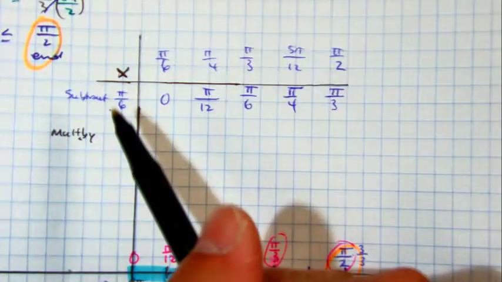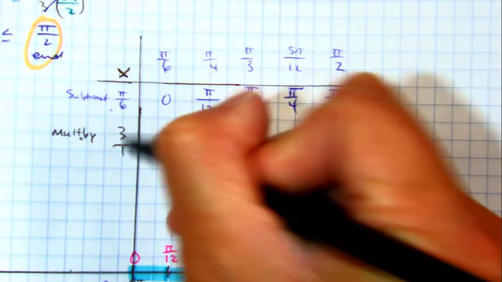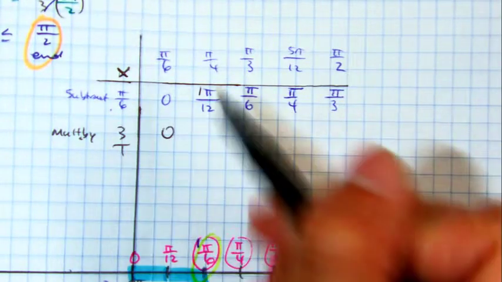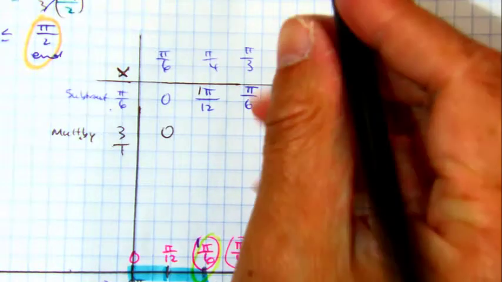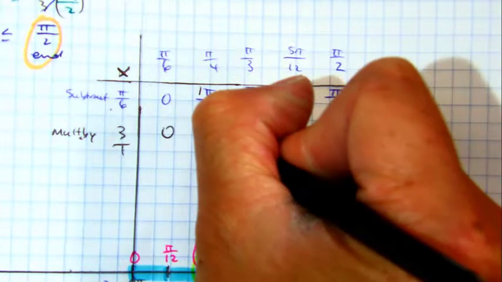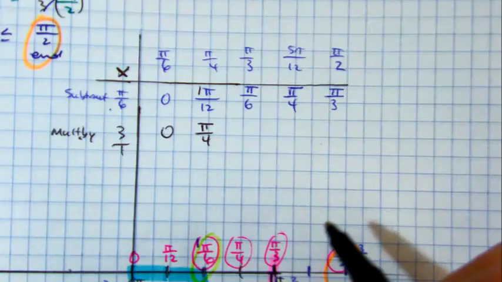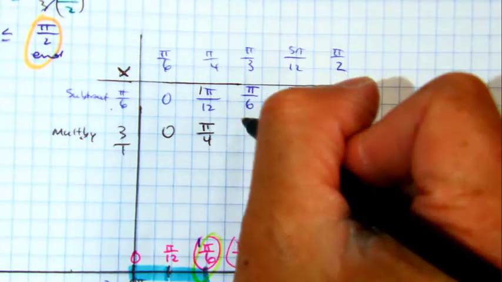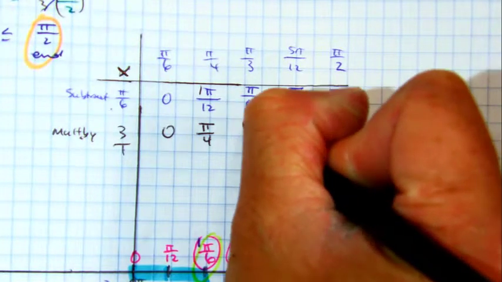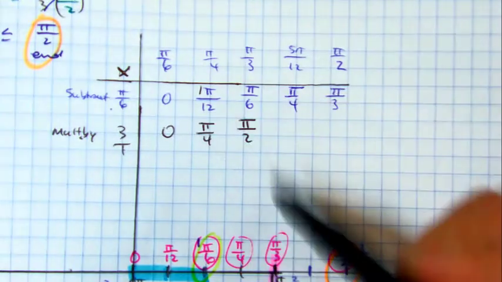Class, 3 times 0. 3 times pi over 12, 3 pi over 12 reduces to pi over 4. 3 times pi over 6, 3 pi over 6 is pi over 2. 3 times pi over 4.